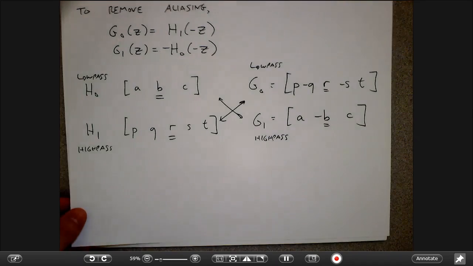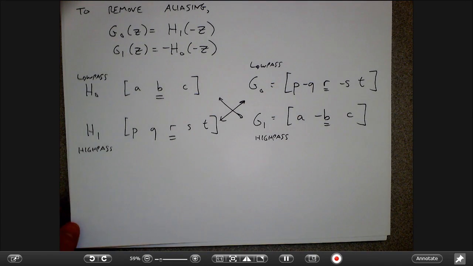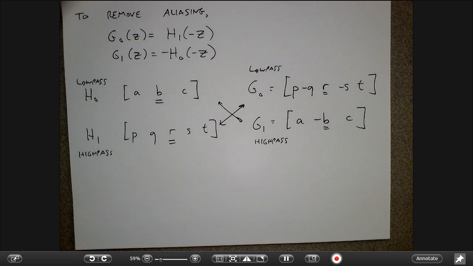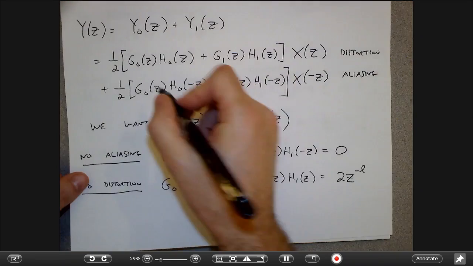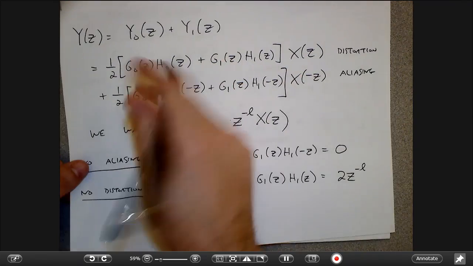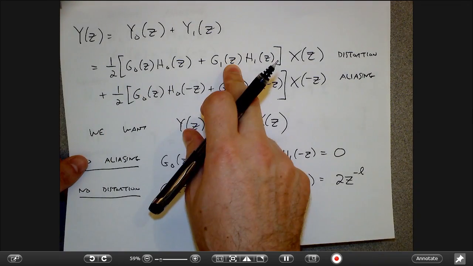Okay. And so that means that I can get rid of aliasing entirely just by fixing two of the filters as functions of the other two filters, right? So that's super easy. And so that means that if I look back at my equation here, that's like saying, well, G0, H0, and G1, H1, now I can replace what I know about these Gs, right?